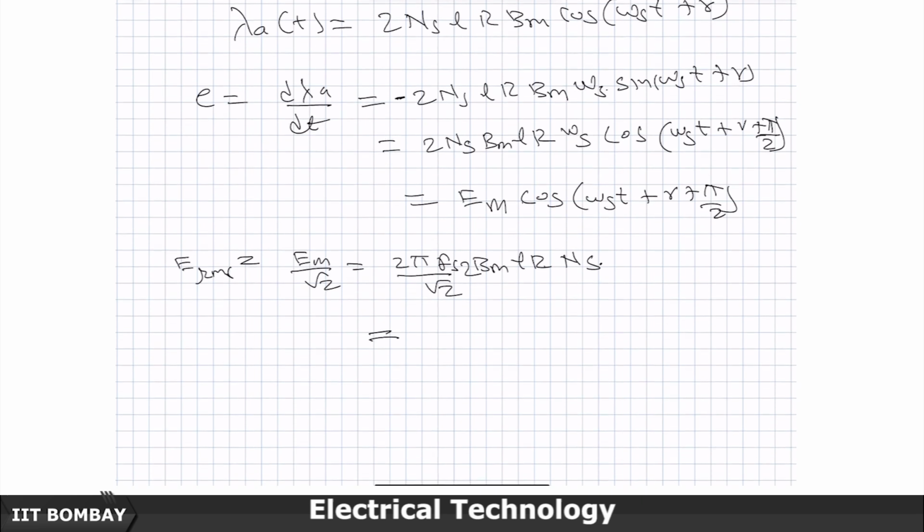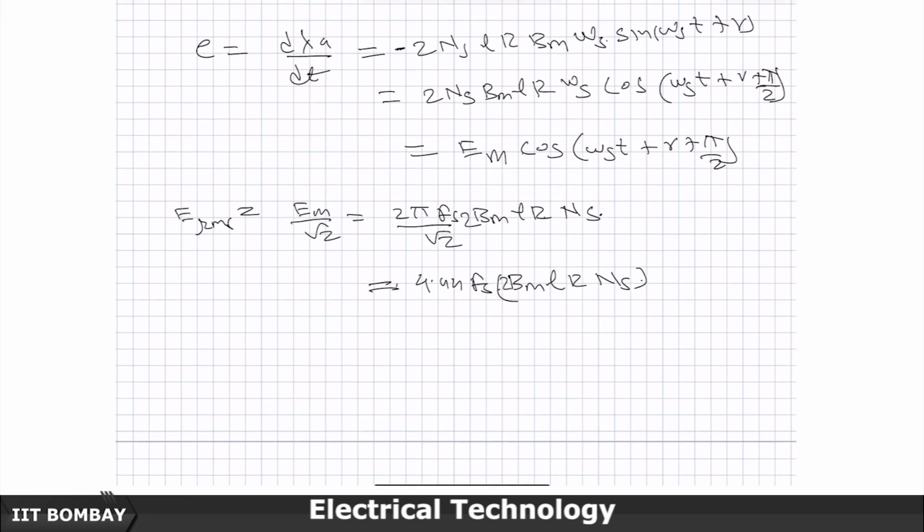But we know that 2 pi by root 2 will be 4.44 Fs, so that gives you 4.44 Fs Bm 2 Bm LR into n of s. So, something similar to the transformer equation you are seeing here. So, therefore, this is what I will get.